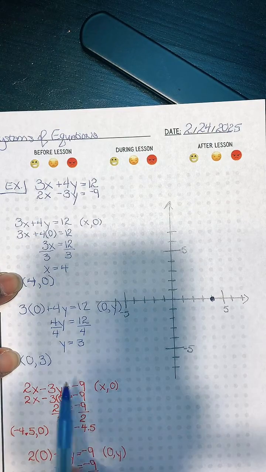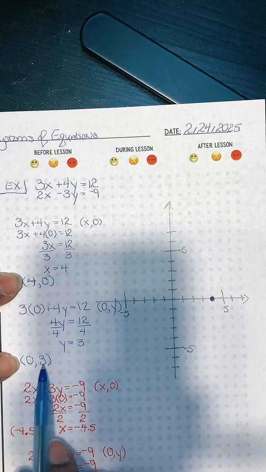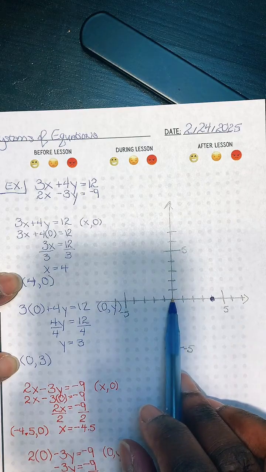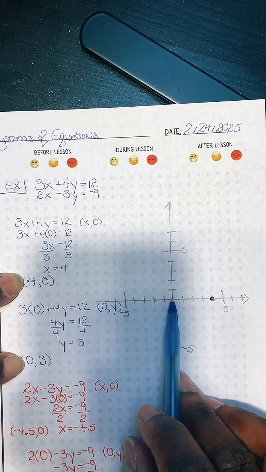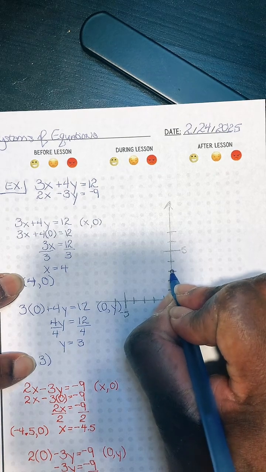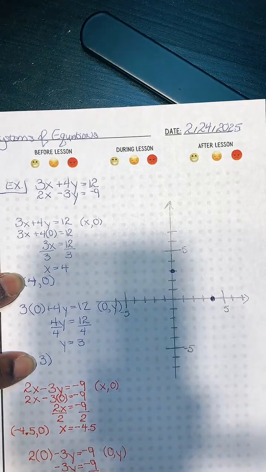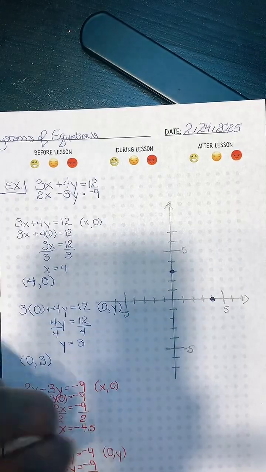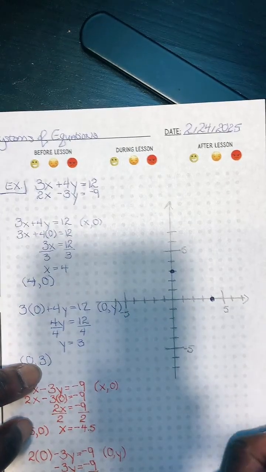Does that make it a little bit clearer? Okay. So if I go to 0, 3, I'm starting here at the origin. I'm not going left or right because my x value is 0. And then I'm going up 3. Okay, so I just need at least 2 points.